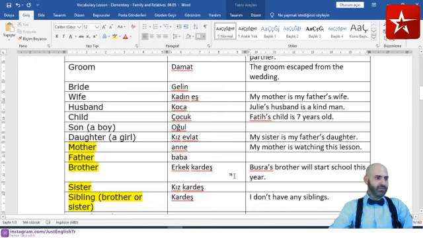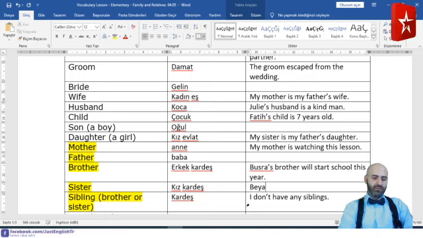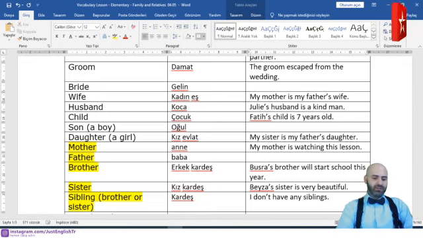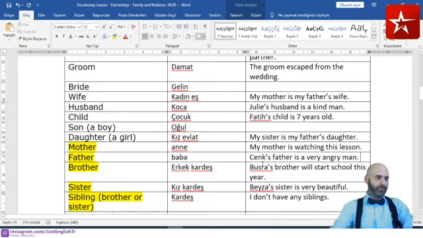My sister is really beautiful. Beyza's sister, where is Beyza? Here. Beyza's sister is very beautiful. My father is a very angry man. Okay. Cenk's father is a very angry man.